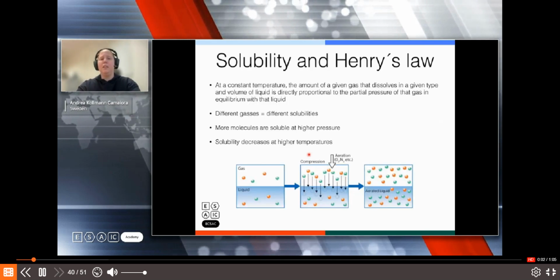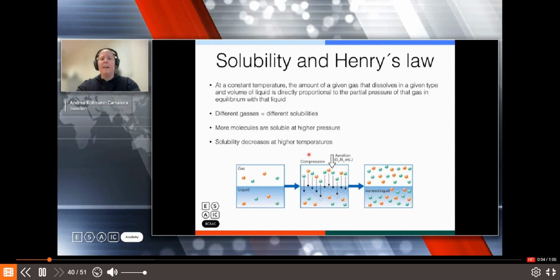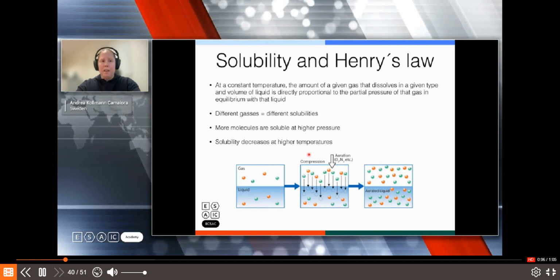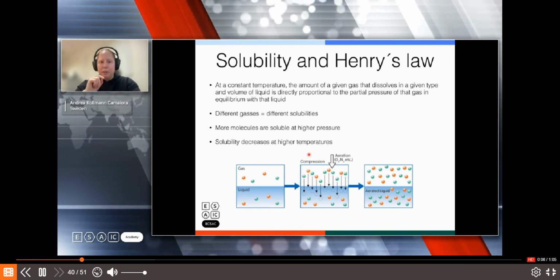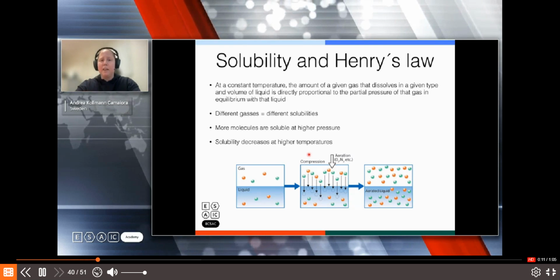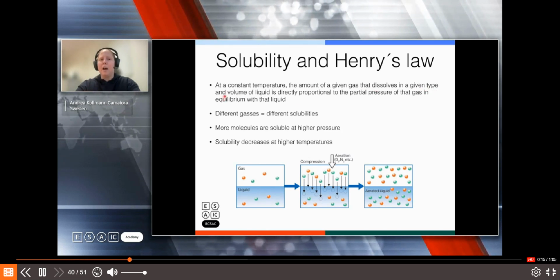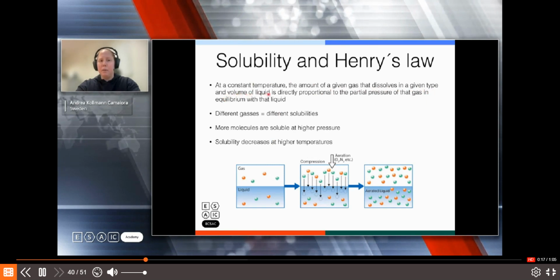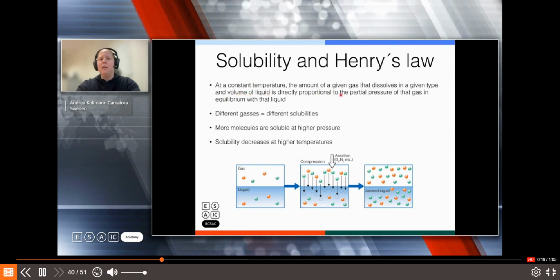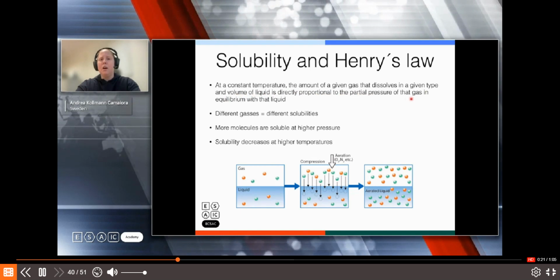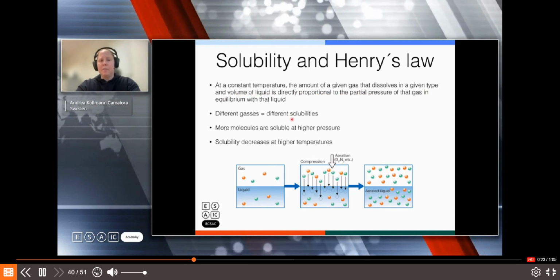Then we're going to move into solubility and Henry's law. At a constant temperature, the amount of a given gas that dissolves in a given type and volume of liquid is directly proportional to the partial pressure of that gas.